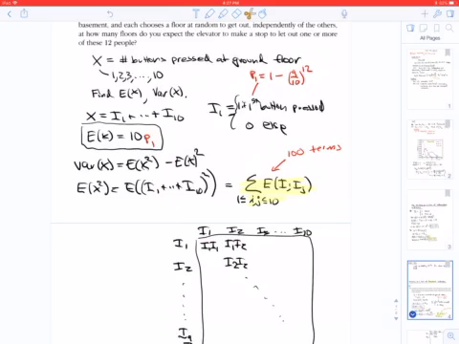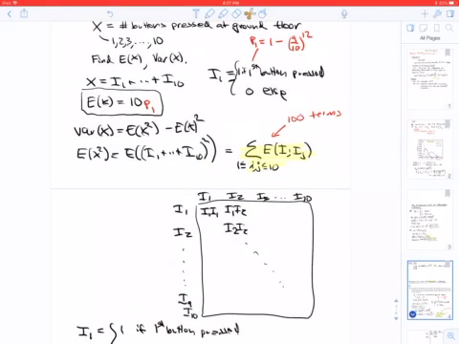Now the variance of X is the expectation of X squared minus the expectation of X quantity squared. X squared is (I1 up to I10) squared, and you can represent that product. It's going to be a sum of 100 terms, right?